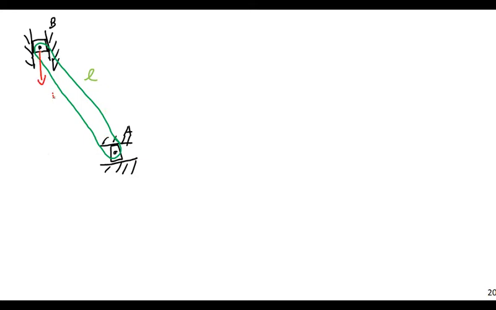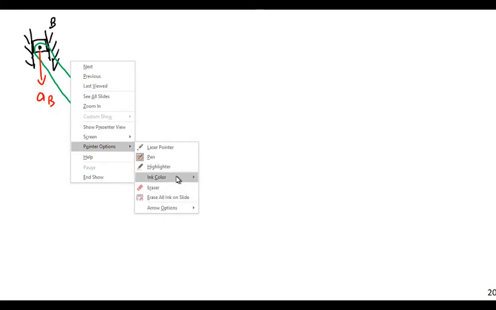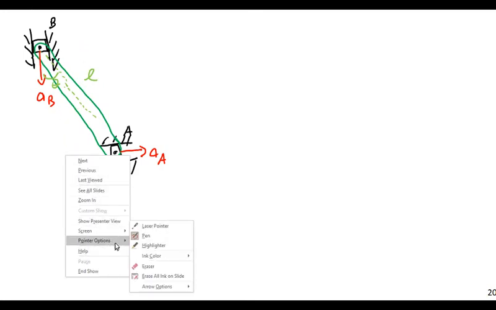So instead of having VB, I'm now going to have AB, and instead of having VA, I'm now going to have AA. Theta is the angle between the vertical and the rod at some given instant.